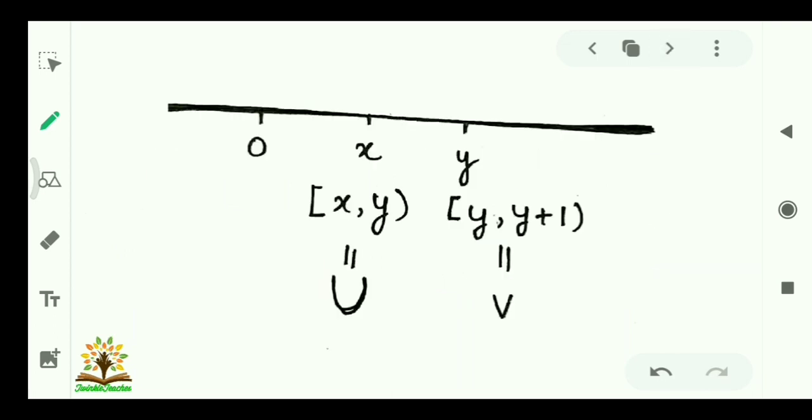If in a number line we define points x, y, 0, and we pick up an open set U as the closed open interval [x, y), which contains the point x, and another open set V, which contains the point y, then the intersection of U and V is empty.